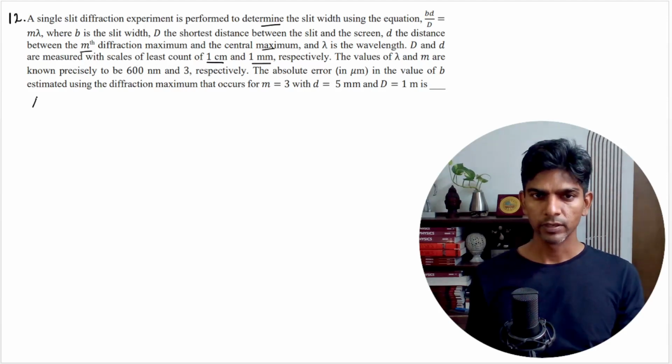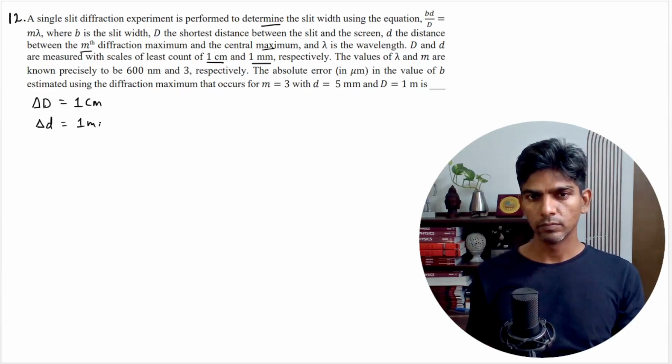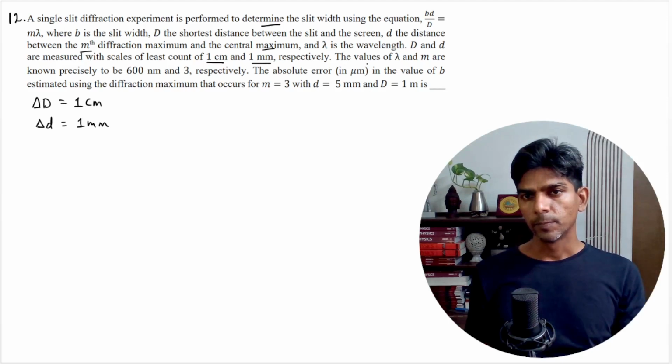So we can say delta D is 1 centimeter and delta small d is 1 millimeter. And the values of lambda and m are known precisely to be 600 nanometers. So lambda is given as 600 nanometer and m value is given as 3.